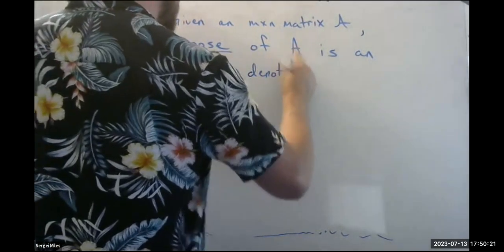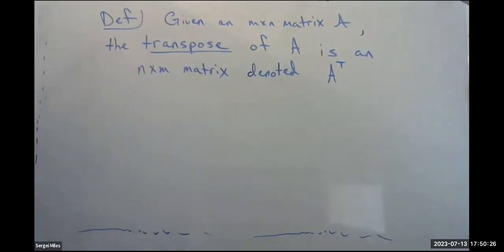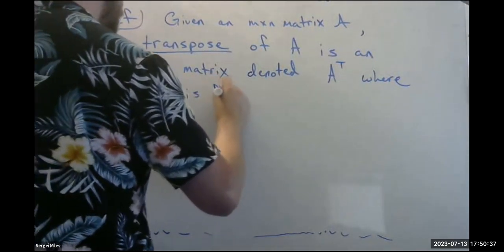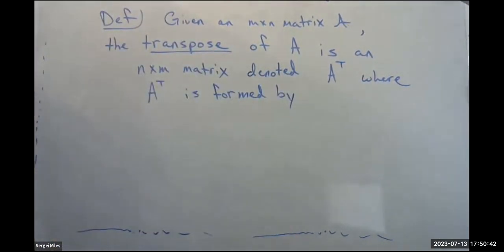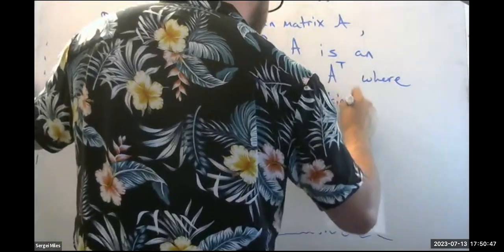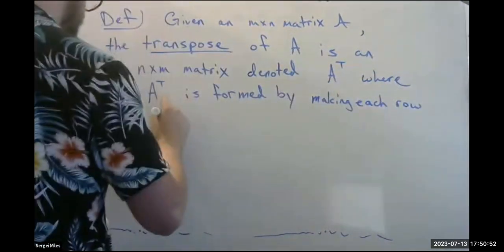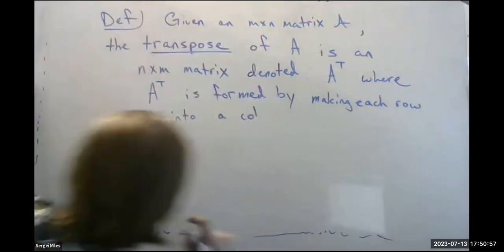denoted. We'll use this notation where we have A raised to a capital T power. This will mean A transpose, where A transpose is formed by making each row into a column, or vice versa.